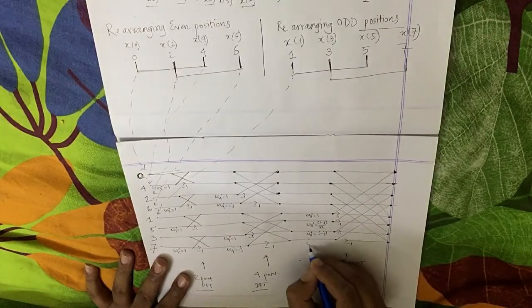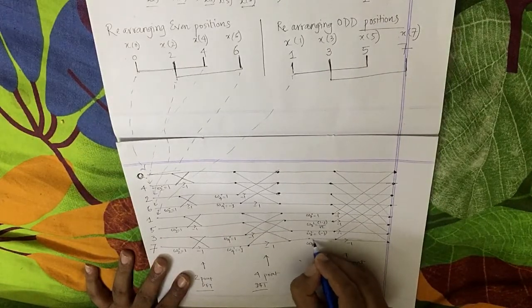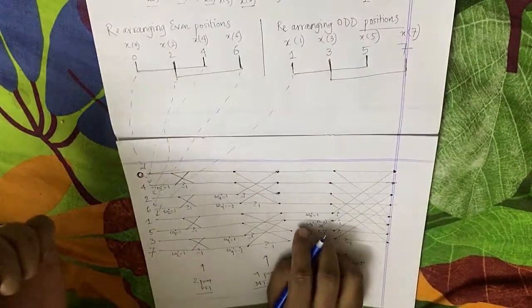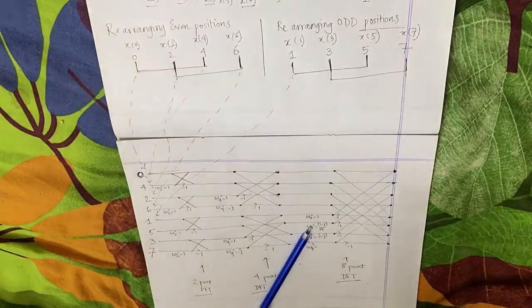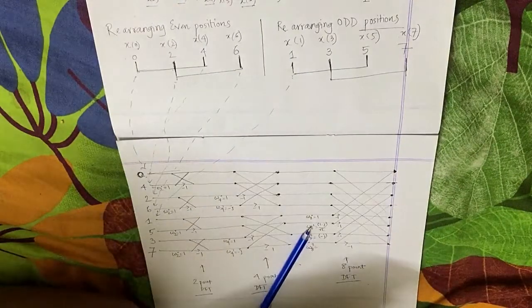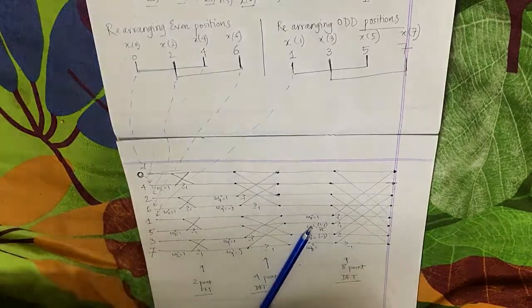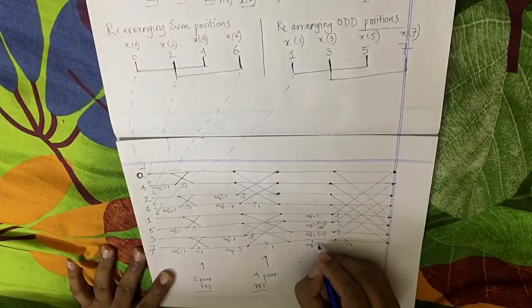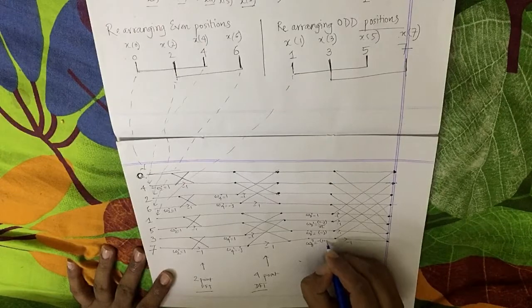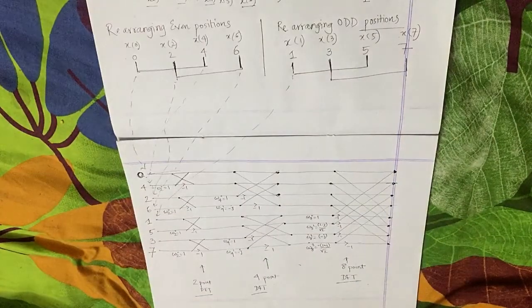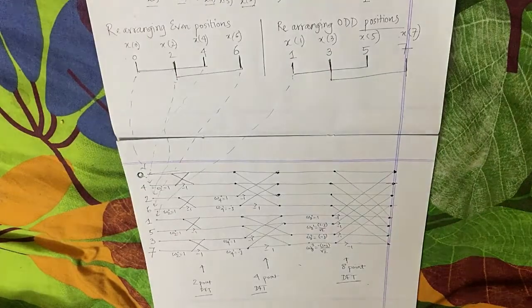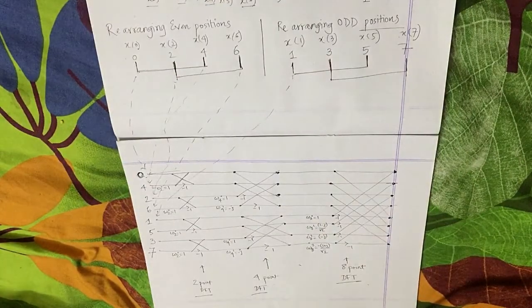Finally, in this line we have W8 to the power 3, that is minus 1 plus j over root 2. Fine. Is it okay? I hope so.